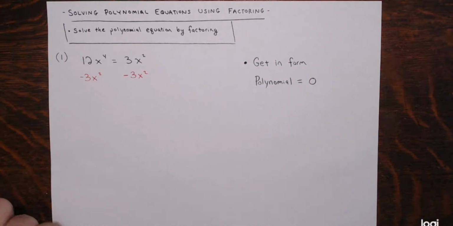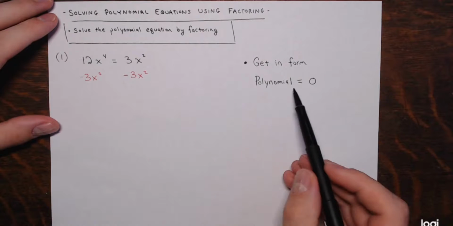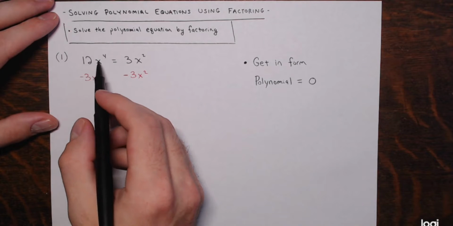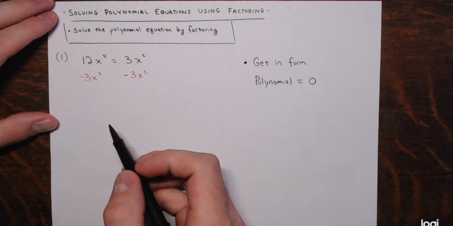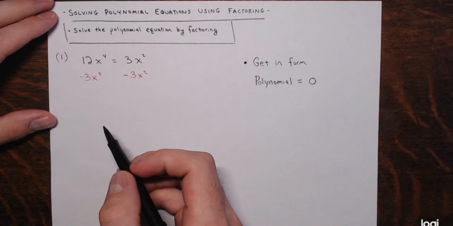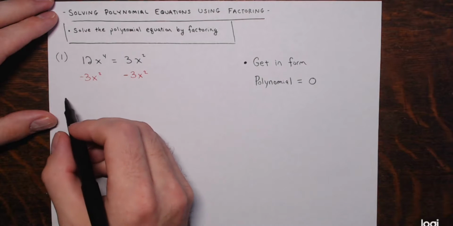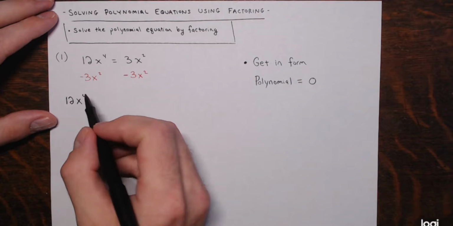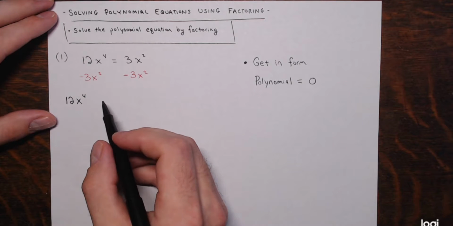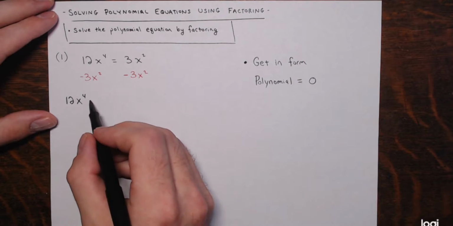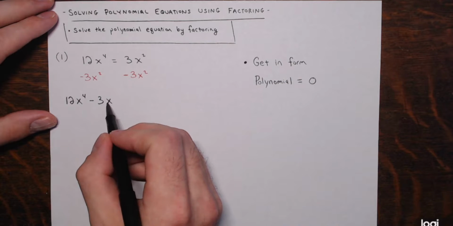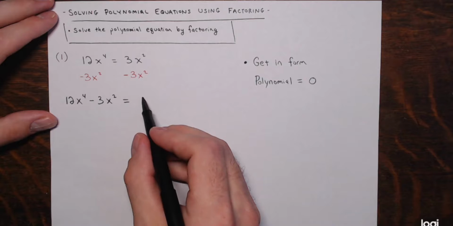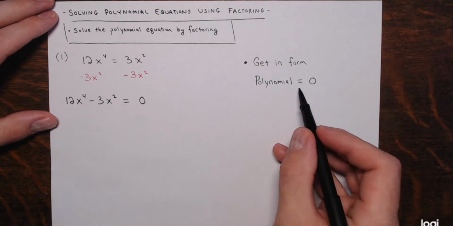And now we'll have an equation that's in this particular form, right? And I personally like to put the polynomials in descending order by the power on the term. So the degree 4 term first, 12x to the 4th, and then the degree 2 term, minus 3x squared, equals, and then the other side is now 0. Right, so this is the way I want to get it to start.